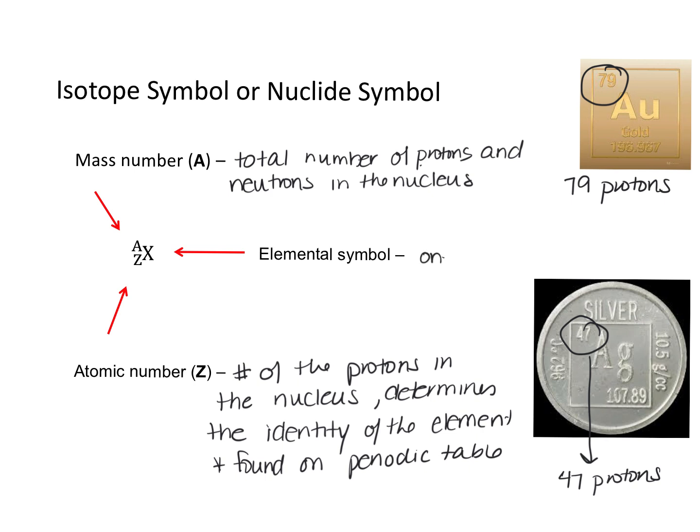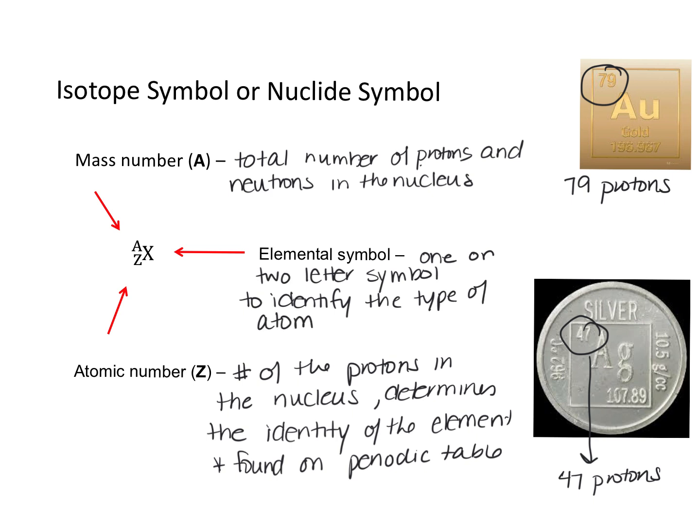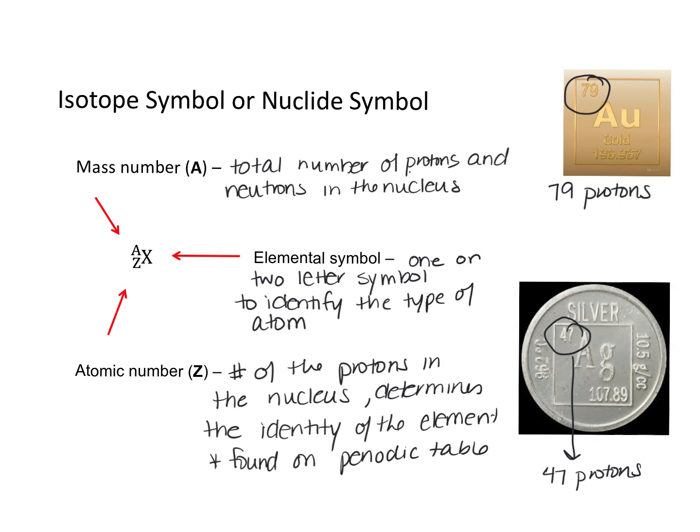This is just the 1 or 2 letter symbol to identify the type of atom. So, this is how we show isotopes. There are other ways to show isotopes as well. Go to the next slide.